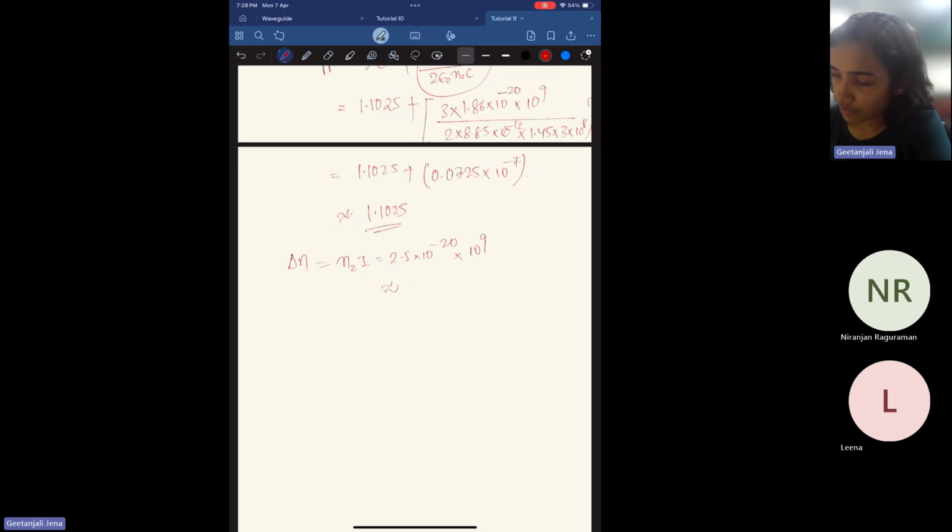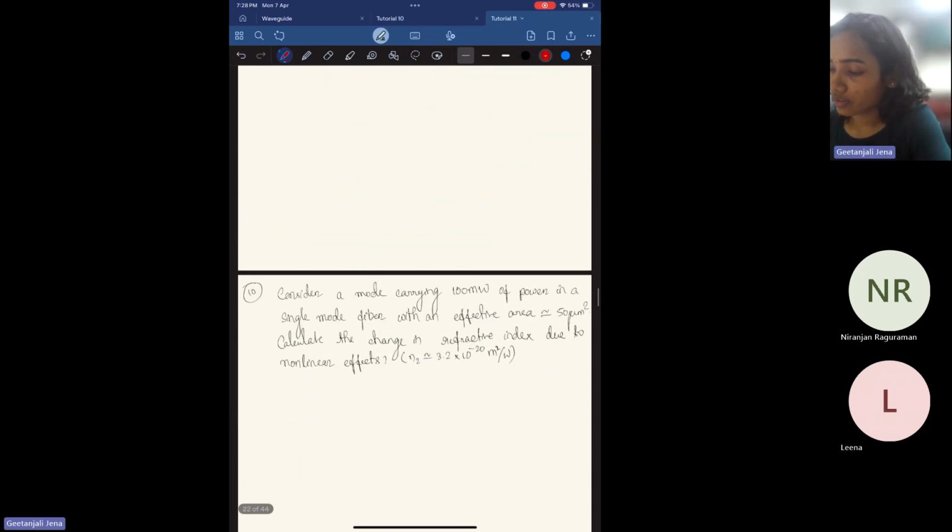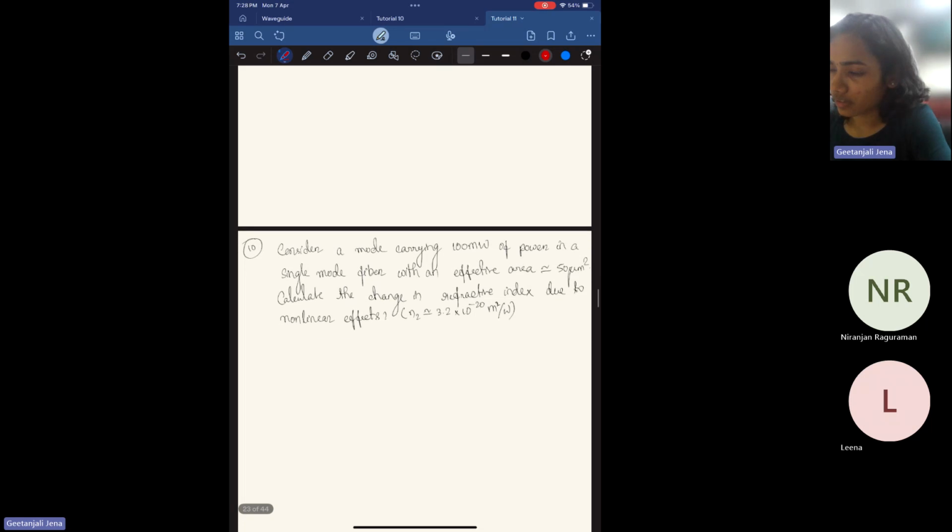So this will give 2.5 into 10 to the minus 11. This problem was based on the formula. Now we'll see our next problem, which is a bit different.